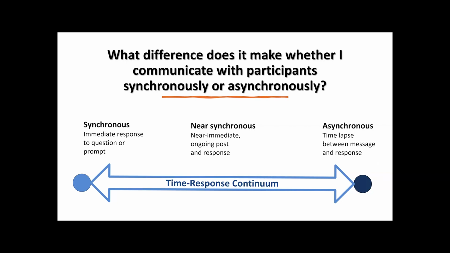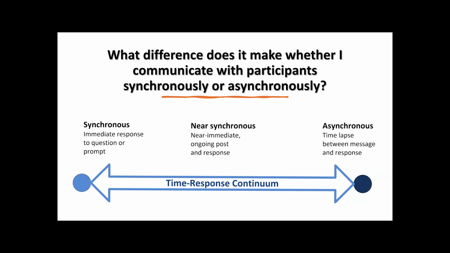So that said, one of the choices that I want to think about is, to what degree do I want to use a tool that has synchronous interactions or asynchronous interaction? And then I've put these on a continuum because it's not always cut and dried, and we might have more than one type of communication.